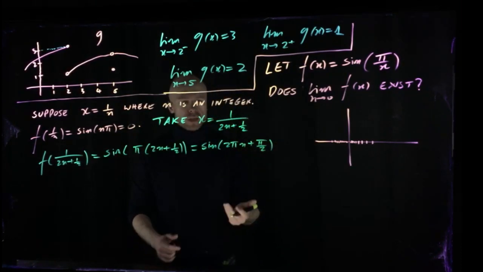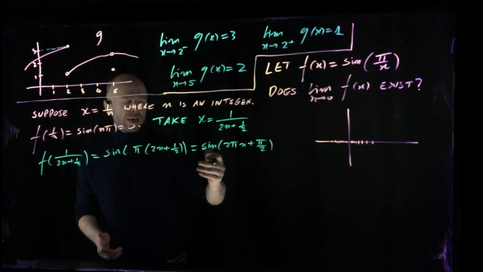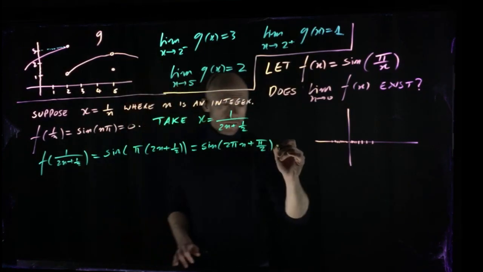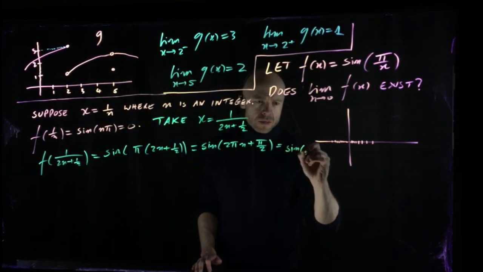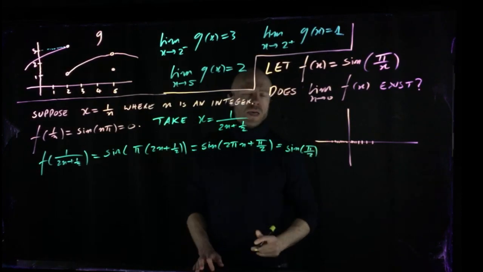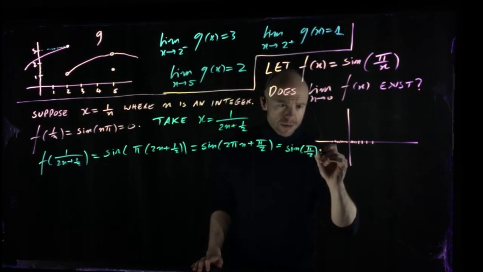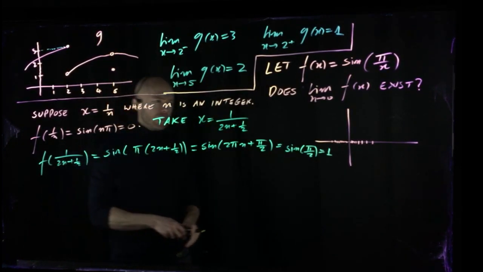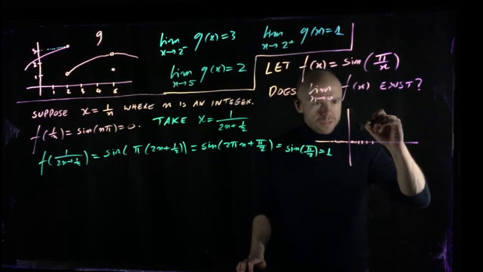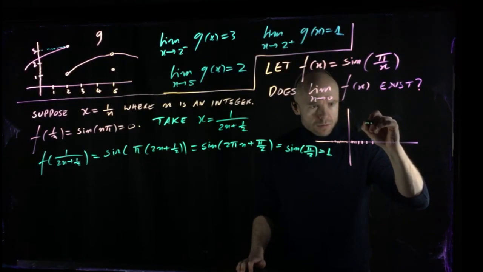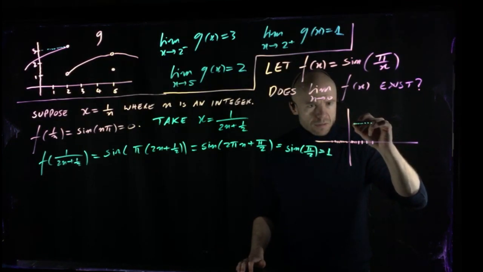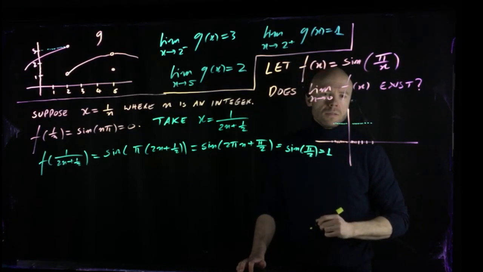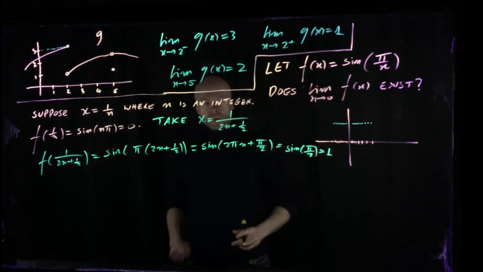And of course sine's periodic, so the 2 pi n means that this is just equal to sine of pi over 2, and you know that that is just equal to 1. Right? So now we have another sequence of points that are tending to 0, where the value of the function is actually 1. The points are a bit too close together to draw, but you see what I'm trying to do.